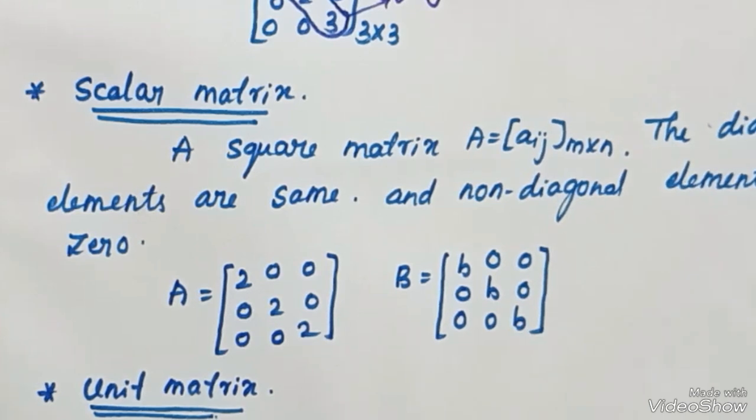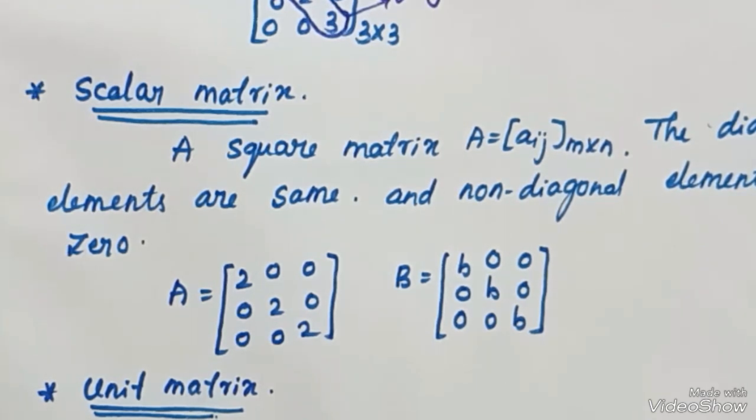Here a square matrix A = Aij m cross n: if the diagonal elements are 1, then the non-diagonal elements should be 0. Unit matrix means the diagonal elements should be 1.